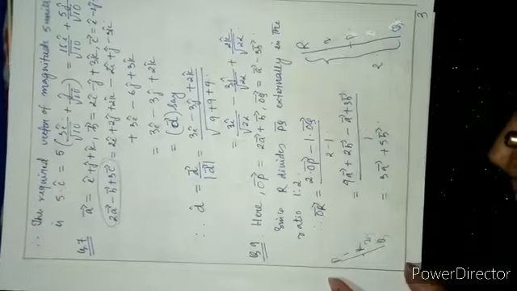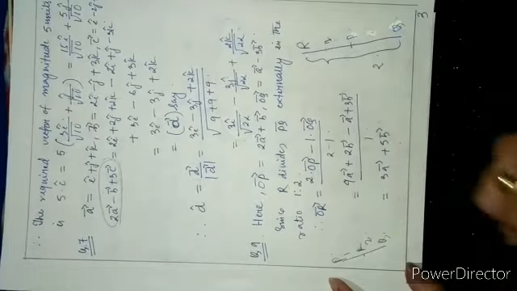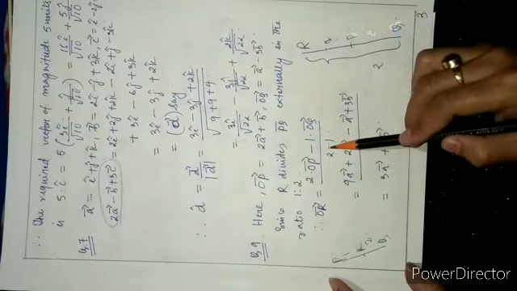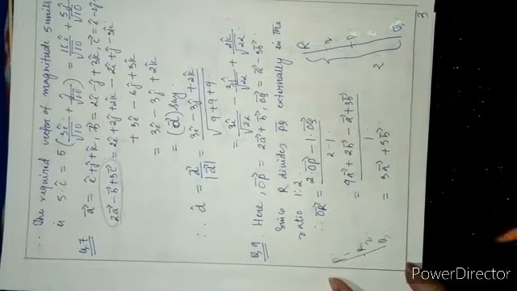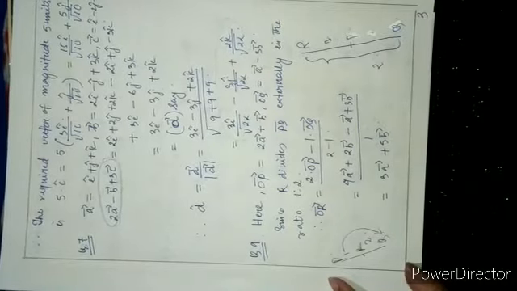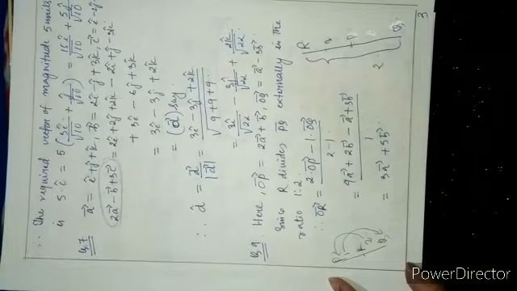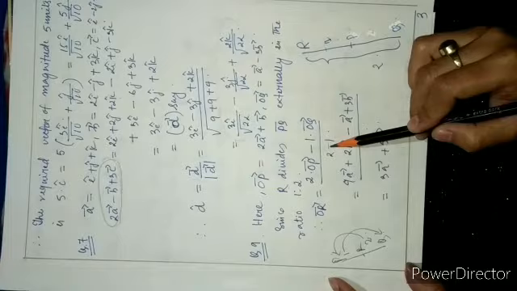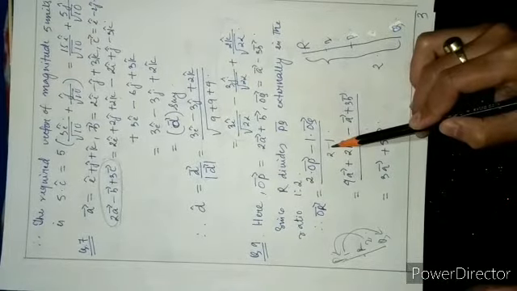The position vector of P and position vector of Q: for internal division the formula has a plus sign, for external division a minus sign. 1 should be multiplied by position vector of Q, and these 2 should be multiplied by position vector of P, divided by the sum for internal division, or the difference for external division.